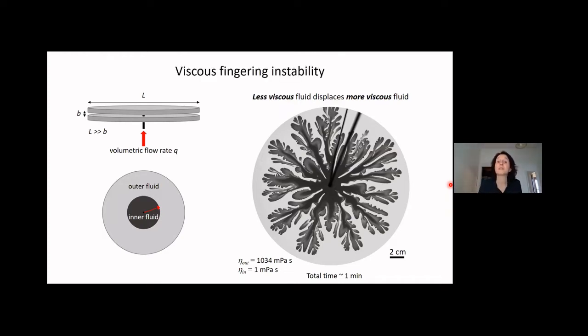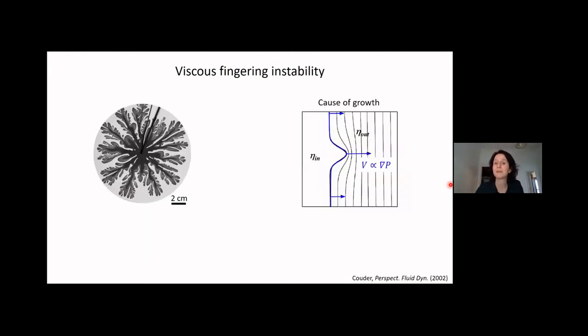So what causes the growth of this so-called viscous-fingering instability? If we consider a less viscous fluid that displaces a more viscous one, and we consider a spontaneous perturbation that forms at the interface between these two fluids, then the lines of constant pressure, here indicated in black, are distorted right in front of that perturbation.